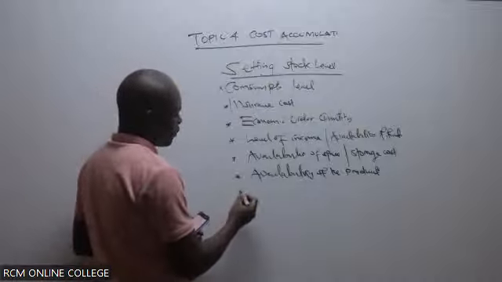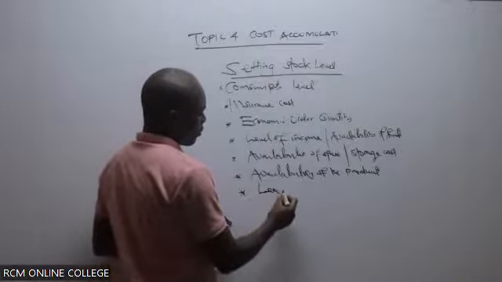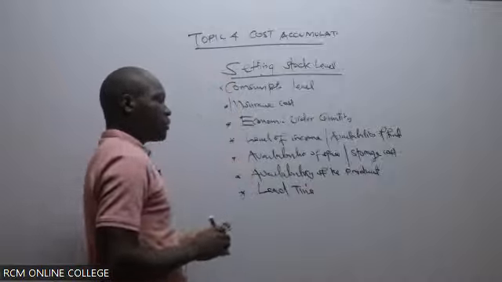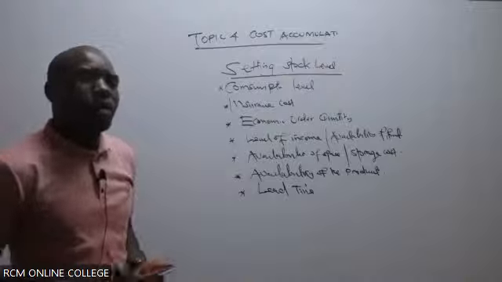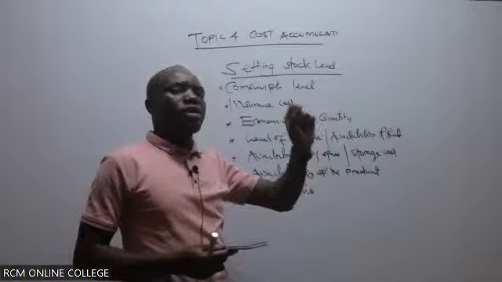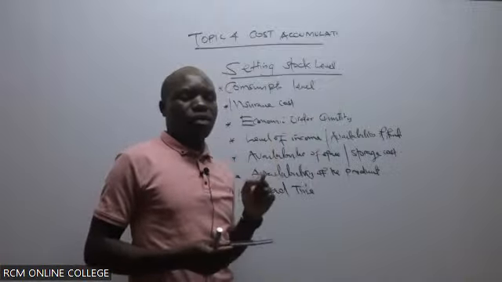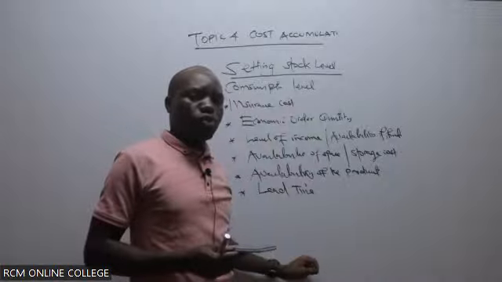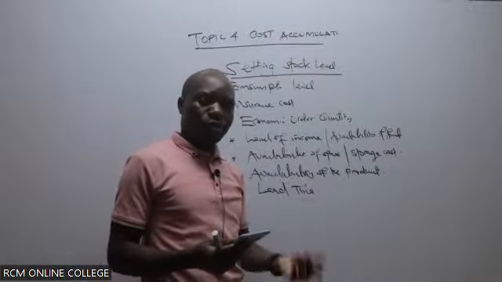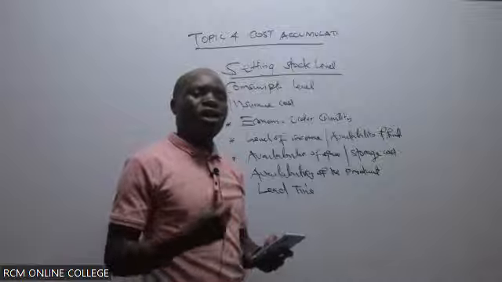Again, we have what we call lead time. Lead time is the time taken between placing an order and receiving the goods. I want to order a product. I get to my phone, maybe the online platform, place an order, and do the payment.